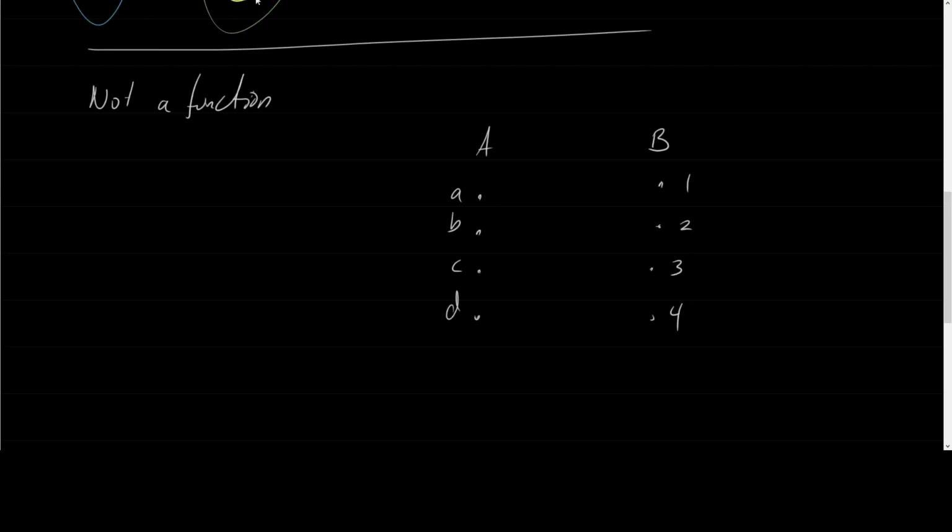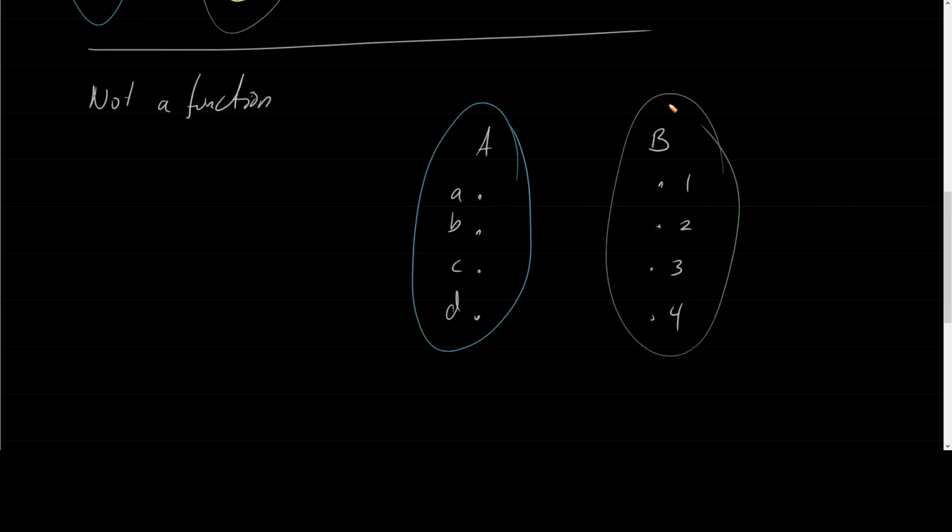Set A will be in blue, set B in green. Now, let's pair them up this way. A is still going there. Let's say B is paired up to 2 and to 3. Let's say that C is paired up to 4, and D is also paired up to 4.